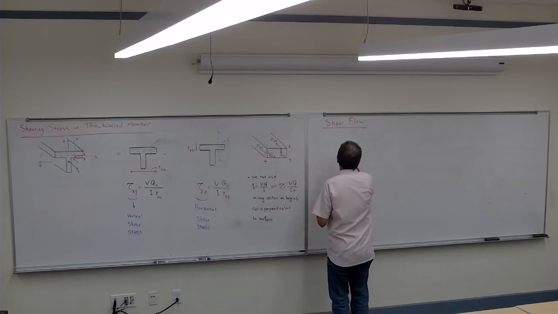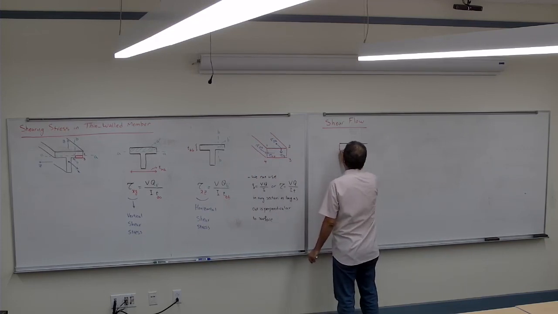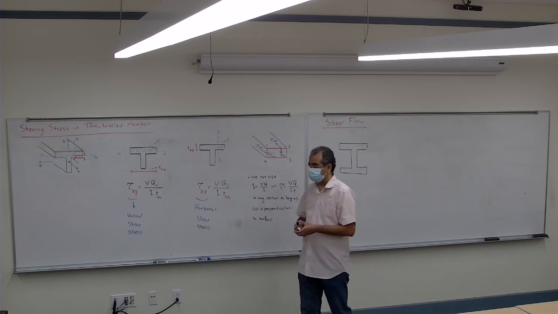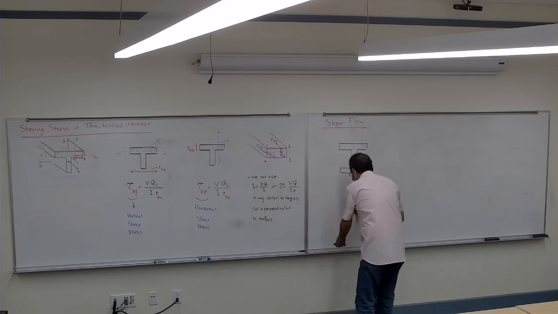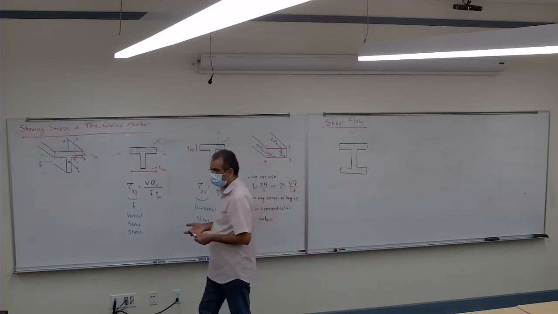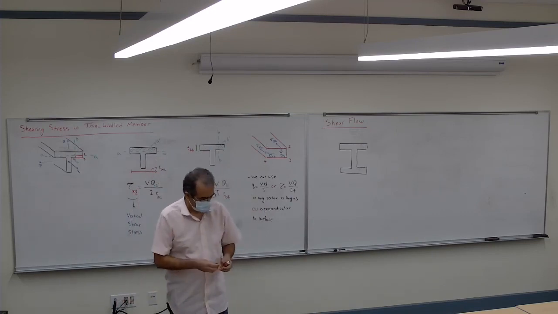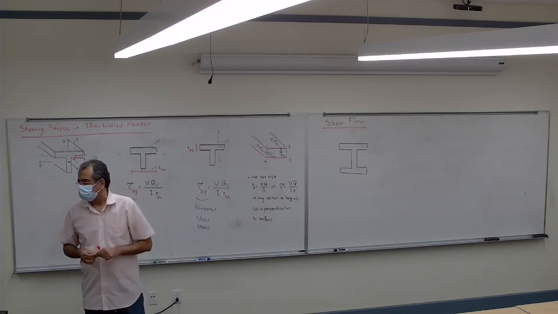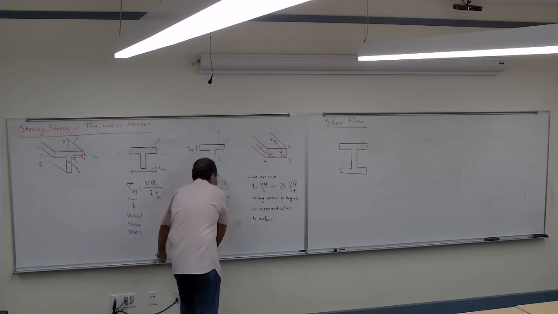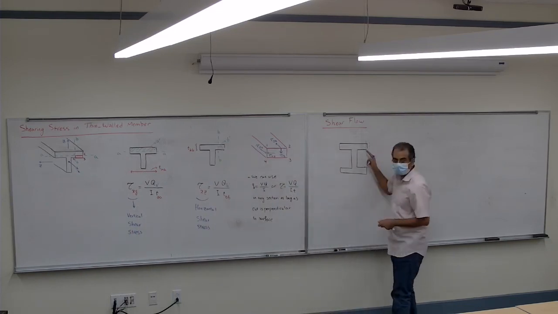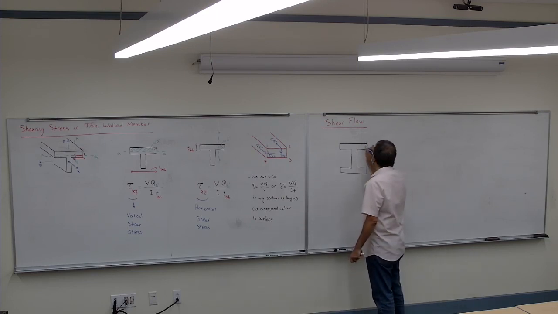So if I have the I shape section, if I go ahead and start to cut that section, as I said, depending on where I'm cutting it, if I cut it here, if I cut it there, the cube would be very small, correct?